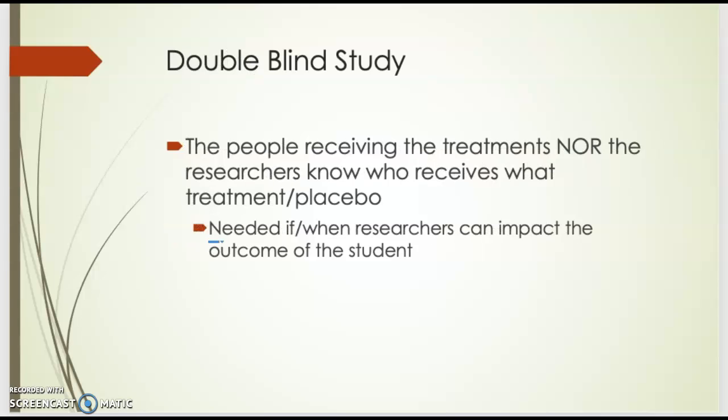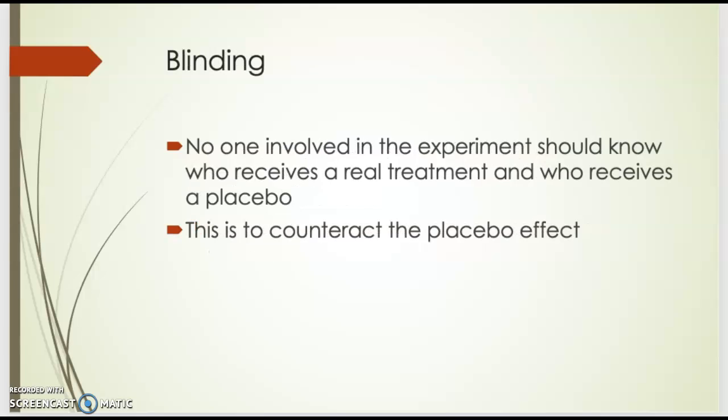Now, the last thing we're going to talk about is the double-blind study. In regular blinding, the people being treated don't know what's happening, but the researchers do. If we're talking about fertilizer, the crops don't know what is happening, but the researchers do.